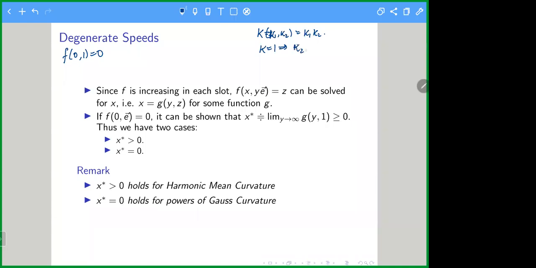So for instance, kappa 1 is just the reciprocal of the other one, right? Or in higher dimensions, if I also have radial symmetry, then this is just going to be kappa 2 to the n minus 1. So sorry, it's 2.